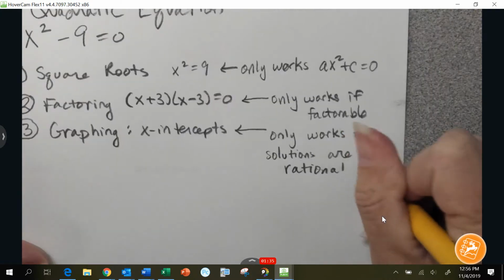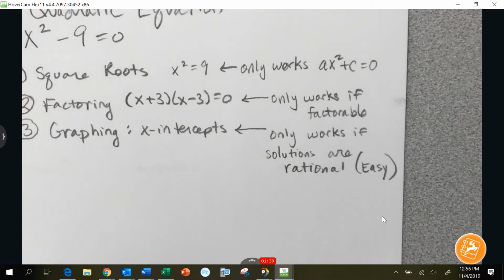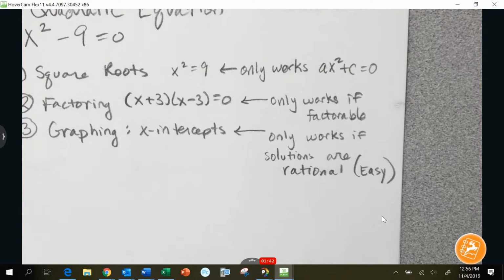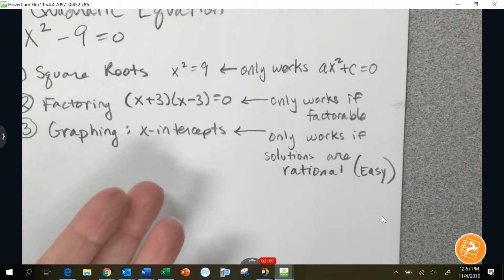But if we have a solution that's like a square root of 6, then on your calculator you're only going to find decimals, 2.447 or whatever it was, something around 2.44. That's as far as you're going to be able to find on your calculator. You're not going to be able to find an exact answer. You would have to round it. So this isn't the best method because it doesn't give you exact answers, unless they are like integers.